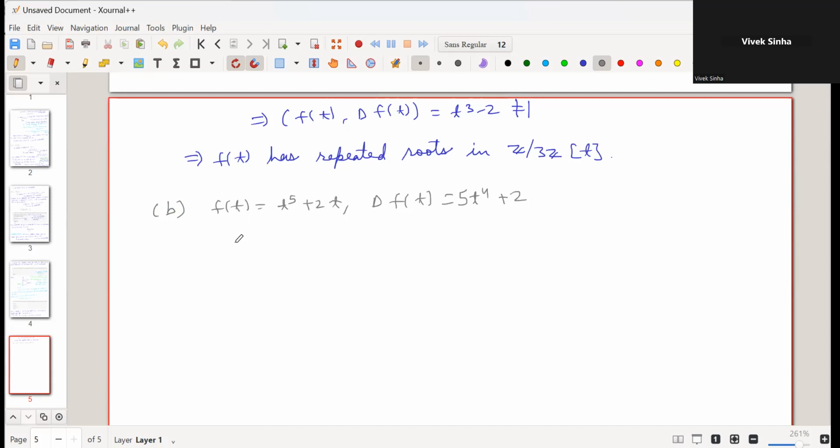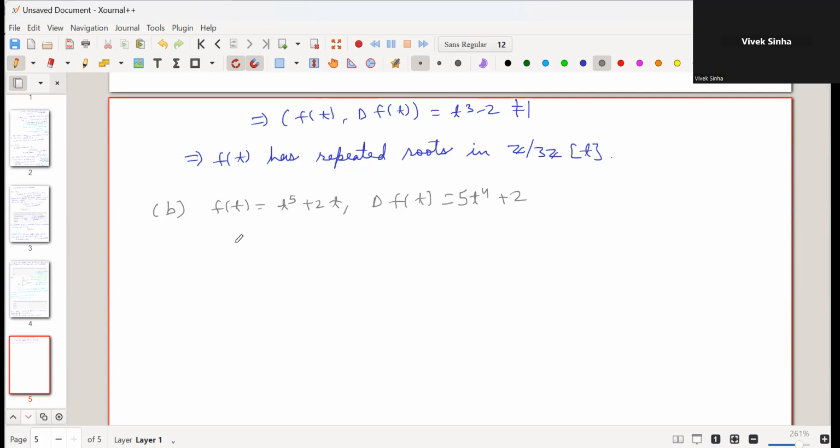The second way is to split this polynomial into linear factors and then check whether you are getting the same factors or not. This is a time consuming process to see that these two have no factors in common. In Q they won't have factors in common because you can apply Eisenstein criterion. This is irreducible in Q and this is also irreducible in Q, but in Z3 you don't know whether this is reducible or not.